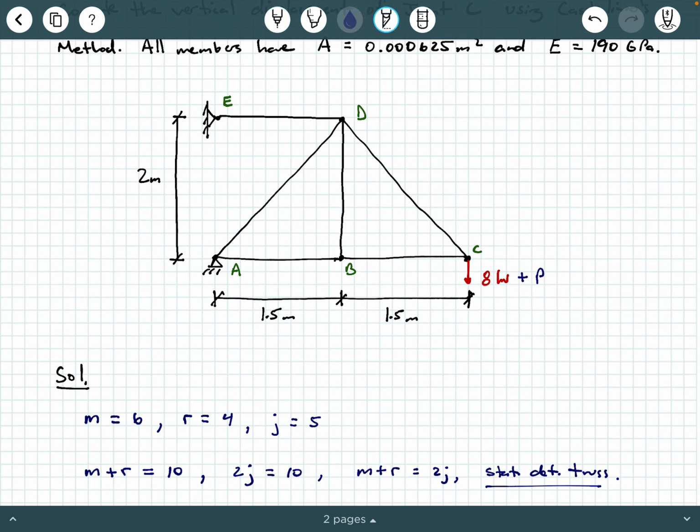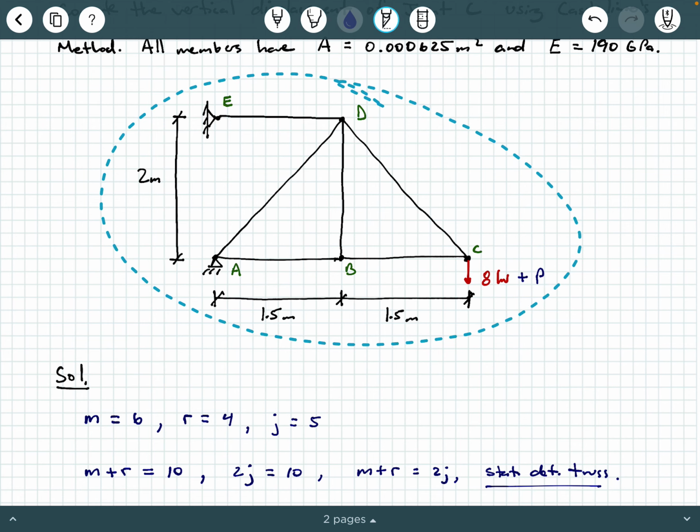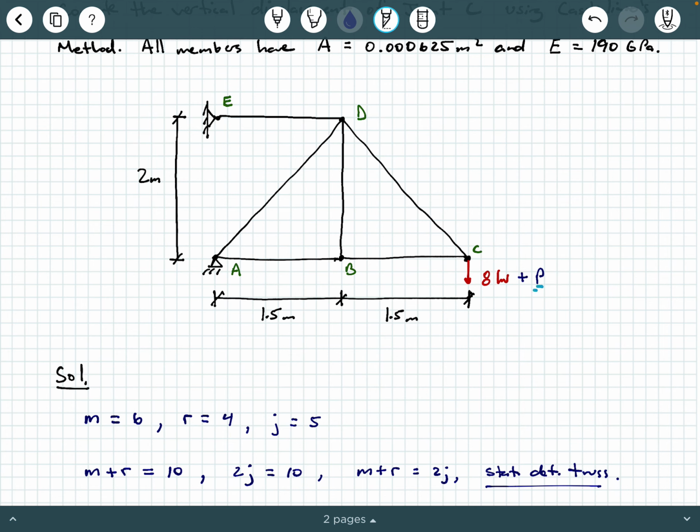Now, for Castigliano's method, we analyze this entire truss by applying P plus 8 kilonewtons at that joint of interest, point C. In this method, we keep the real load present at joint C, so we have the virtual variable load with the real load both applied to this system.